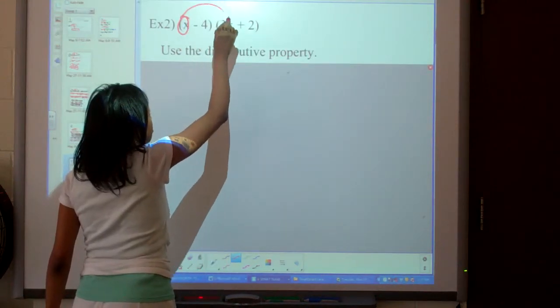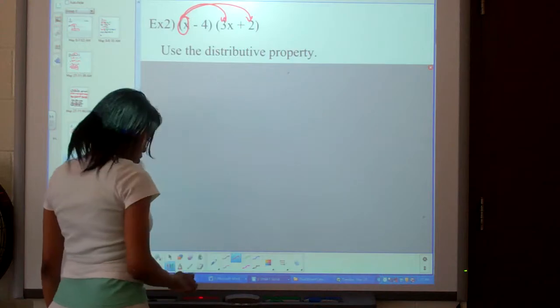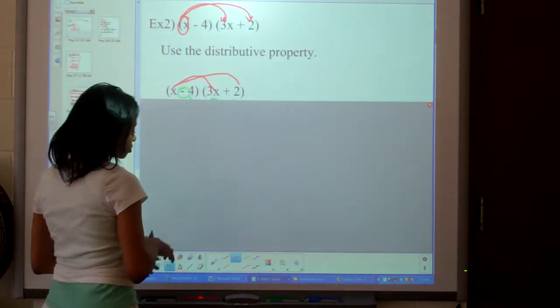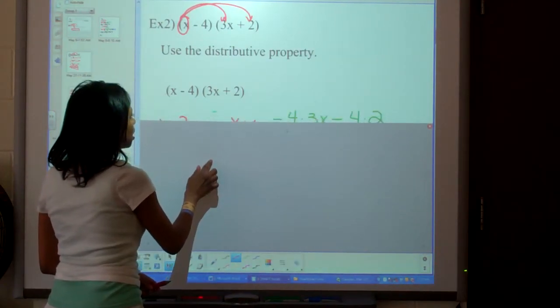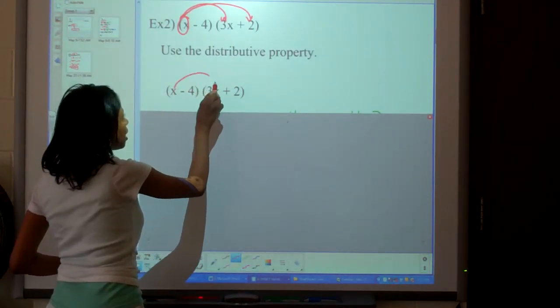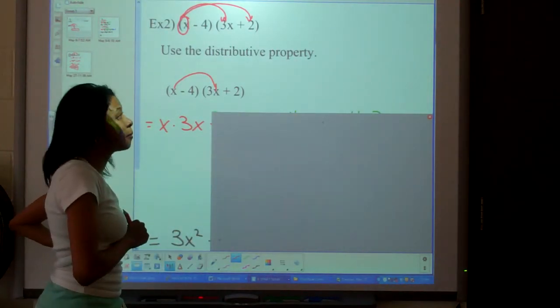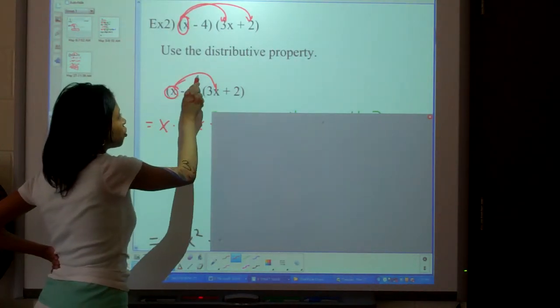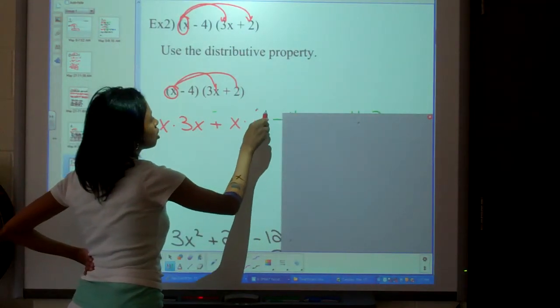So x times the 3x, and then x times the 2. I have x times 3x, and then I have to share this x with the 2, so that's going to be plus x times 2.